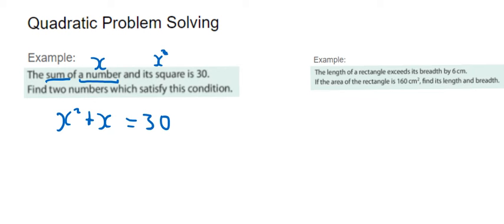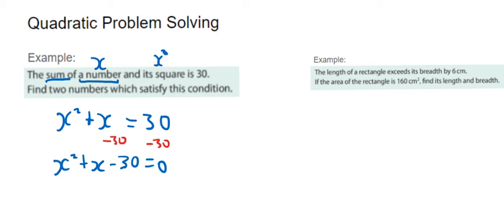Now it almost looks like a quadratic equation, but in order to solve a quadratic we need to have equals 0, so we need to move everything over to one side. So what I'm going to do first is subtract 30, and by subtracting 30 on the right hand side it just removes it. And then on the left hand side you've got x squared plus x minus 30 equals 0.